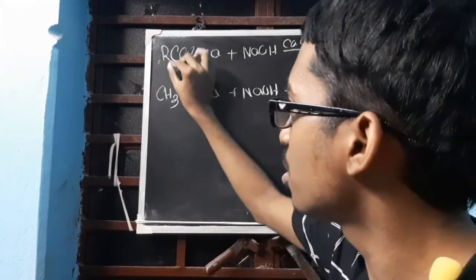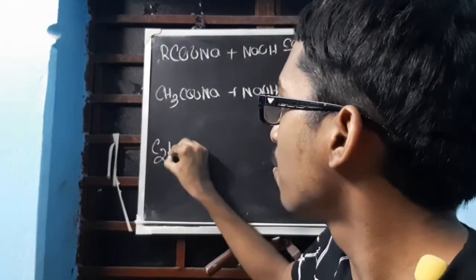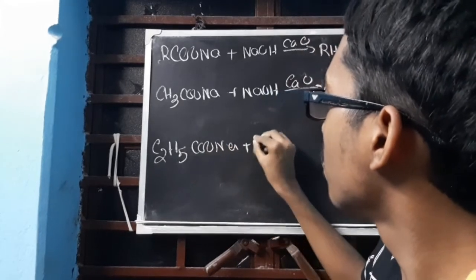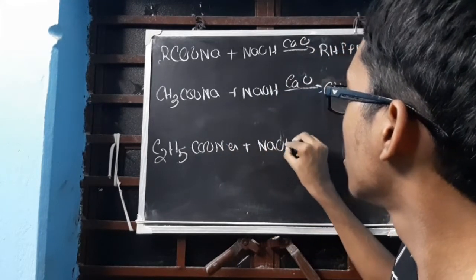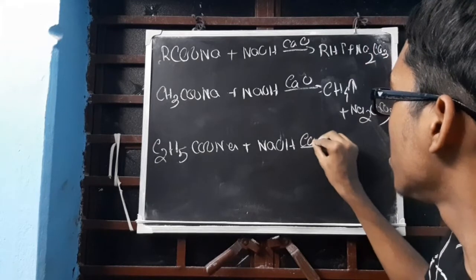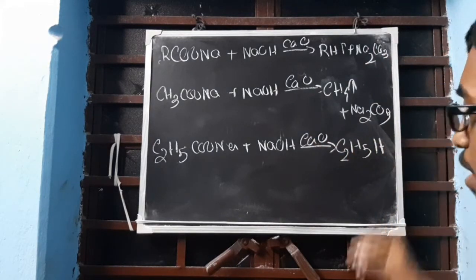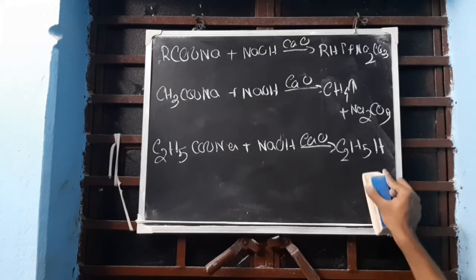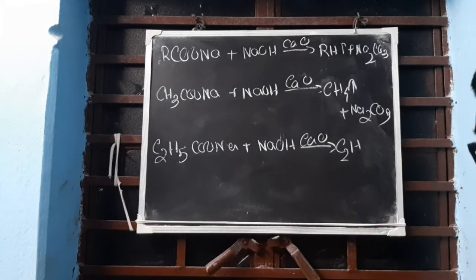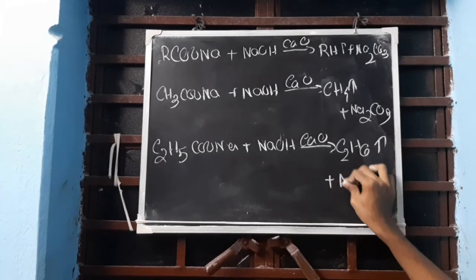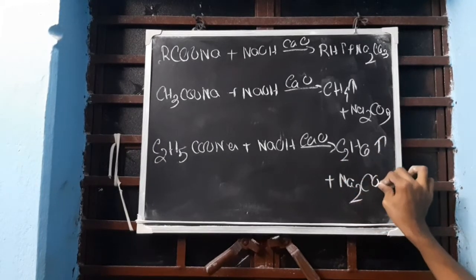Now for ethane preparation, instead of R you will put ethyl. So this becomes this plus NaOH in presence of CaO. Now here C2H5H is again a very bad way of writing, so instead of that we will write C2H6.